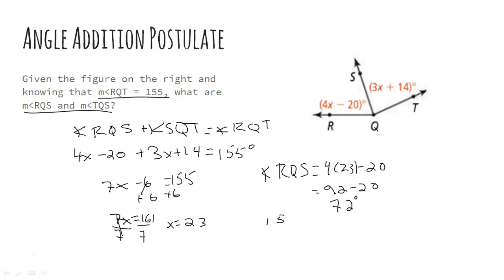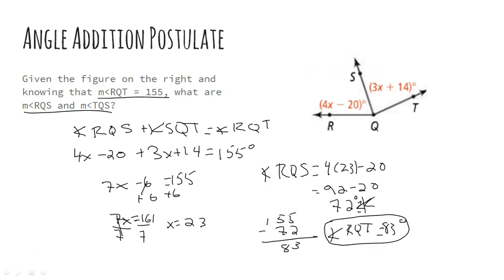And if we do 155 minus 72, it's going to give me 83. That's going to tell me that angle SQT equals 83 degrees. There's SQT, and there's angle RQS.